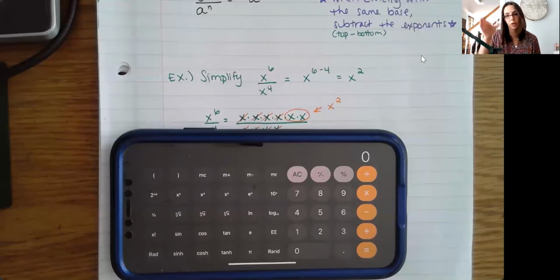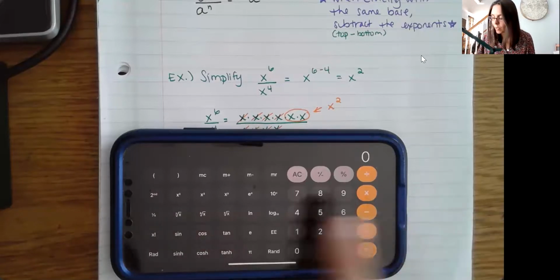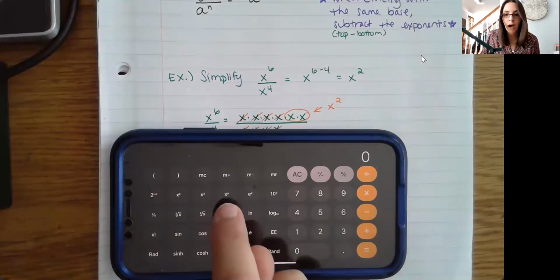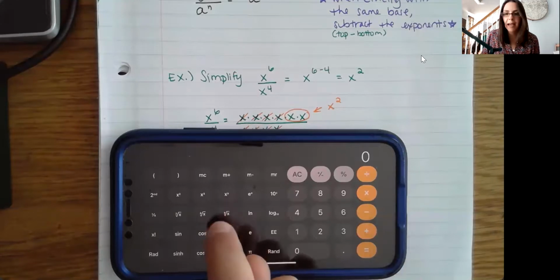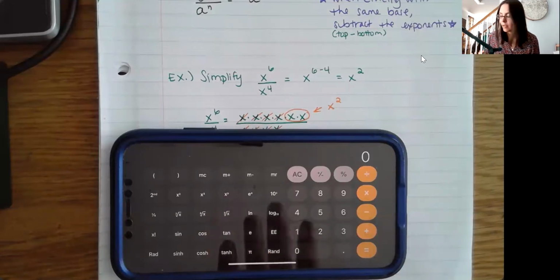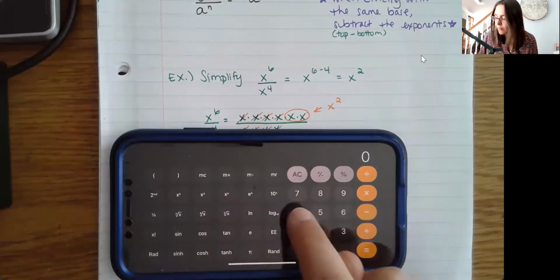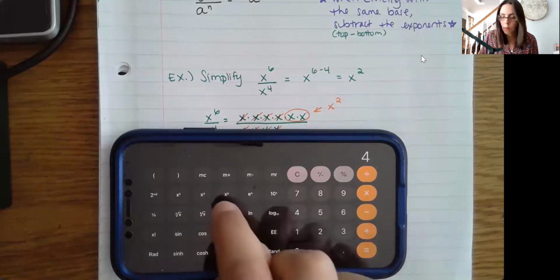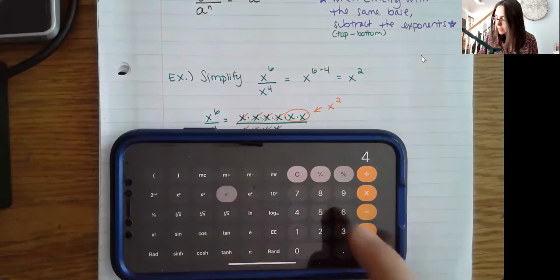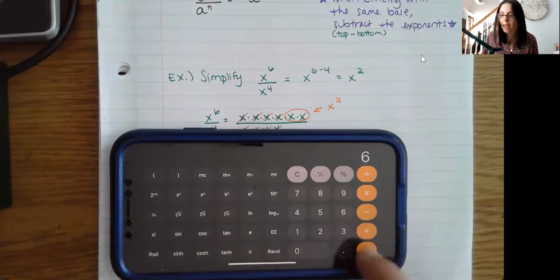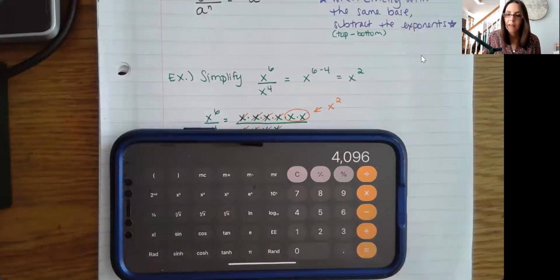If you just turn your iPhone to the side, then more keys will open up. So your exponent is going to be this one right here, this x to the y, or sometimes you'll see it as y to the x. It's the same thing if you have a different style calculator. So I just hit that 4, and then I'm going to hit my x to the y key. I'll hit 6 for my exponent, and then I'll hit enter or equals, and I get that 4,096 that way.